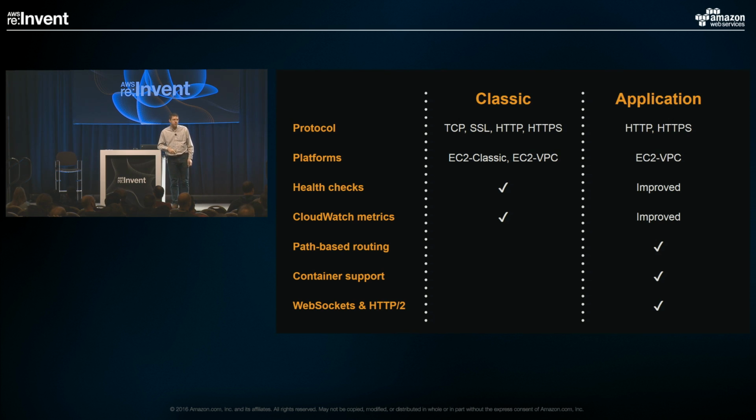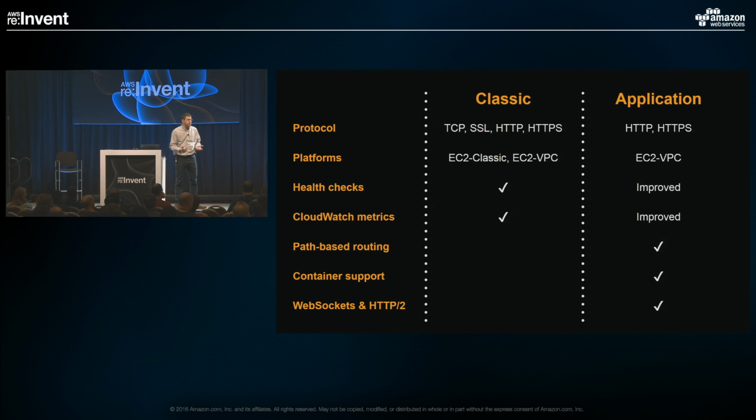From a platform point of view, so now we're looking at the EC2 network architectures, the Classic supports both EC2-Classic, that's not confusing at all, as well as EC2-VPC, while the Application Load Balancer supports VPC only. So if you have any applications that are still running on the Classic network, thank you for being on AWS for such a long time, and let us know if we can help you with the migration.